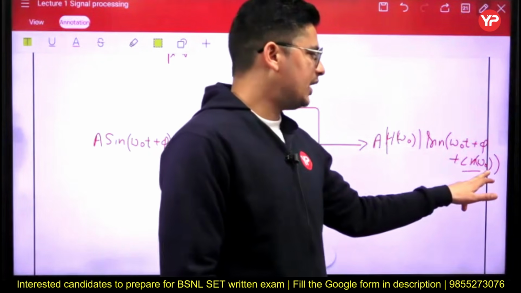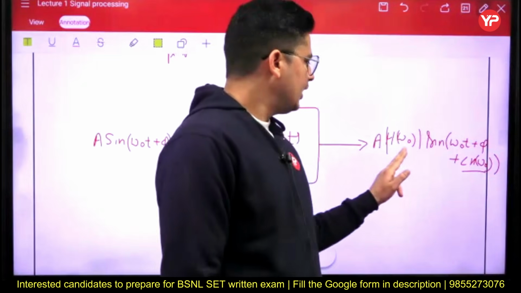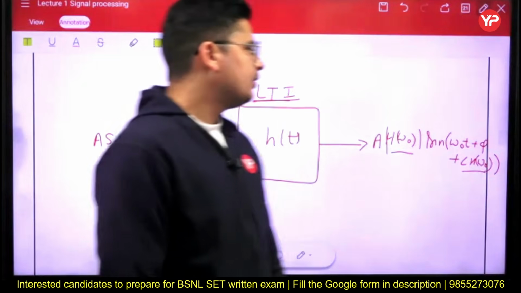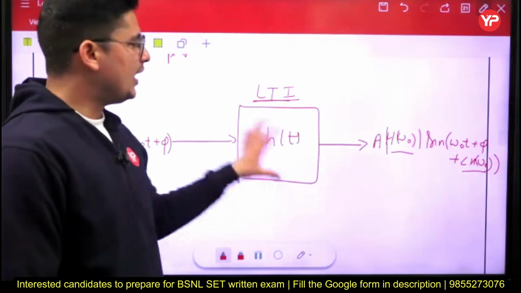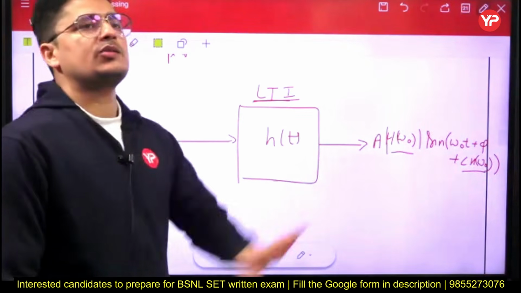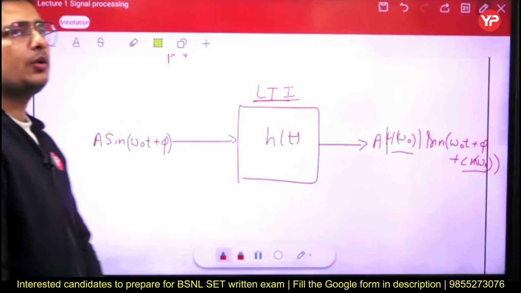How much phase change? That will be the angle of H of omega naught. And the magnitude is the magnitude of H of omega naught multiplied by A. That will be the sinusoidal response of an LTI system, which you have to remember.